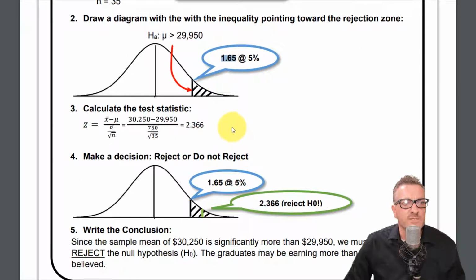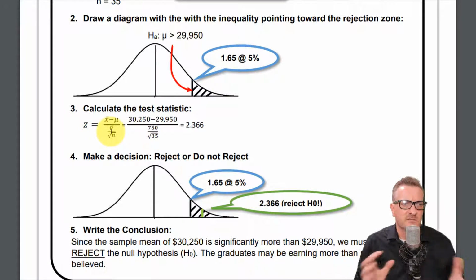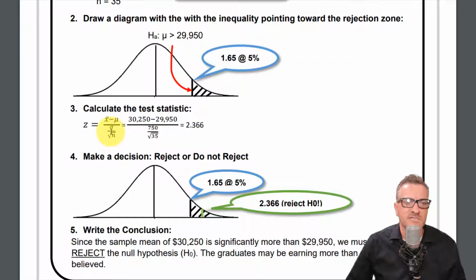And it's 1.65. And so this is our range, where once we're higher than 1.65, we reject. So we do the math here. And I mentioned how we go about these things in our sampling distributions videos.